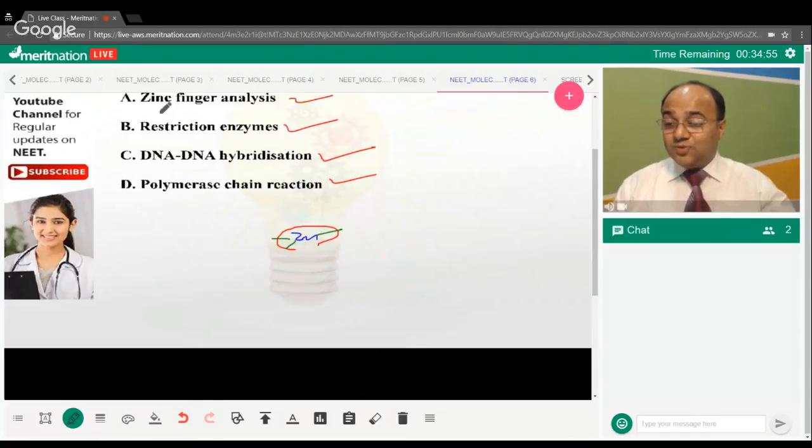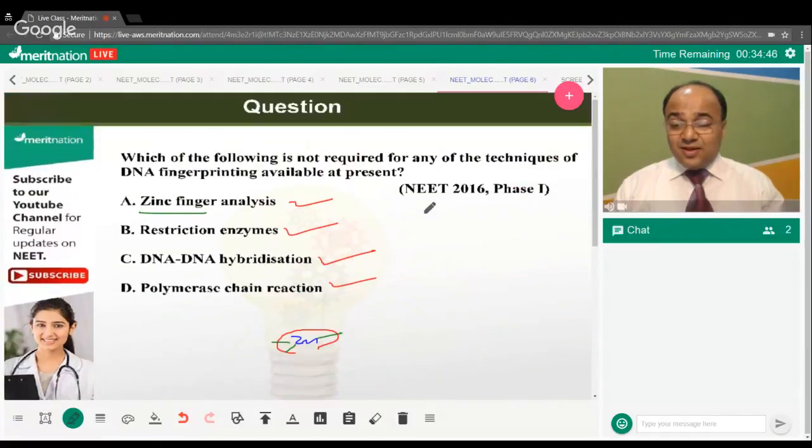And this forms the zinc finger. We are not trying to analyze the zinc finger in a protein molecule when we are talking about DNA fingerprinting. So, therefore, this is not required during DNA fingerprinting, and this is the correct answer.